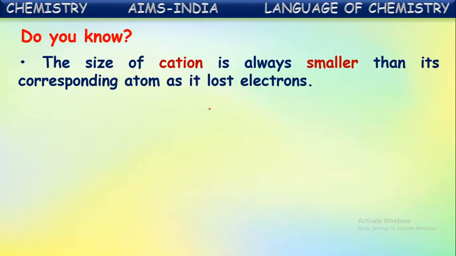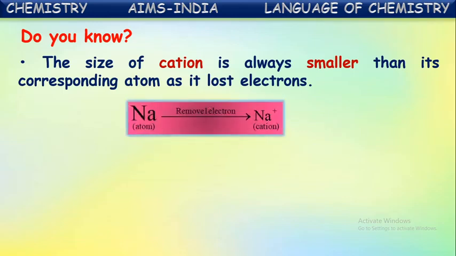Do you know one interesting point here? The size of a cation is always smaller than its corresponding atom as it lost electrons. For example, the cation formed by sodium, sodium plus ion, has a size smaller than the original sodium atom because it lost one electron.